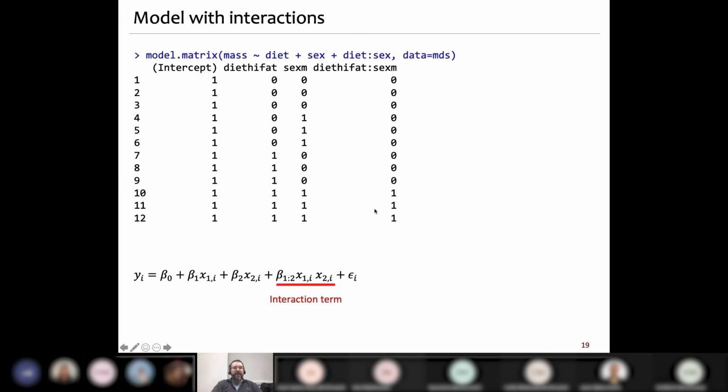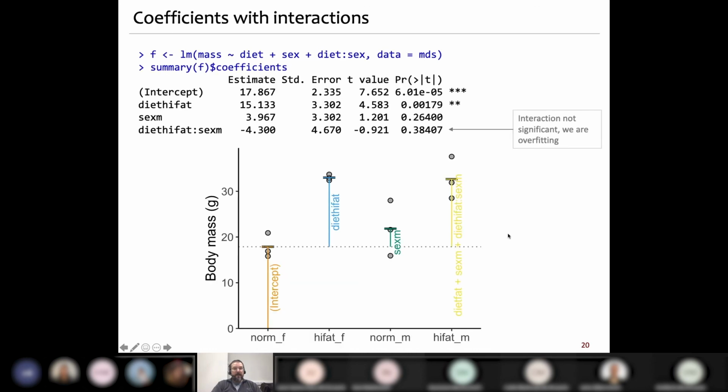And in the model matrix, you see that the interaction term is 1 here when both diet is high fat and sex is male. In the mathematical description, that will be a mixed term containing both variables and a coefficient beta 1,2.